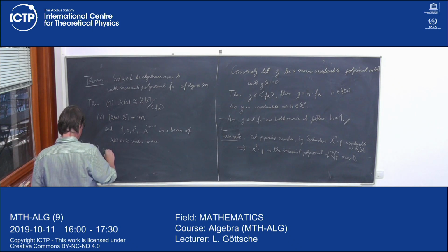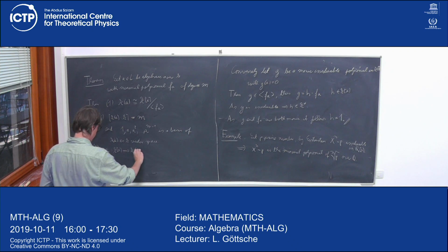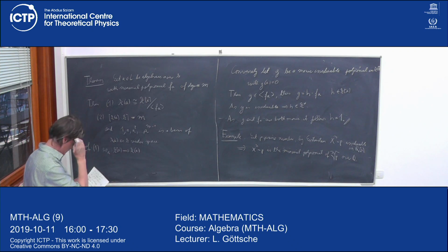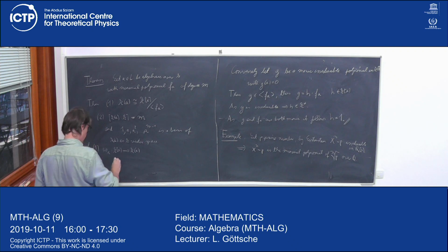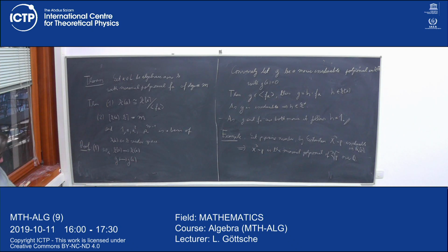We look at the evaluation homomorphism from Kx to now K(A), which sends the polynomial g to g of a. Okay, let's look at this.